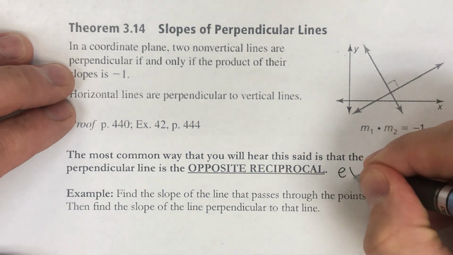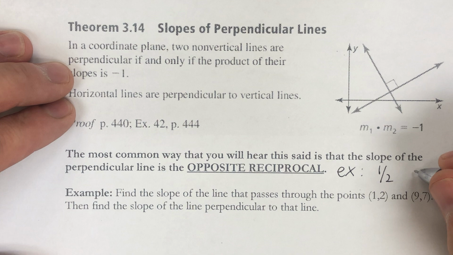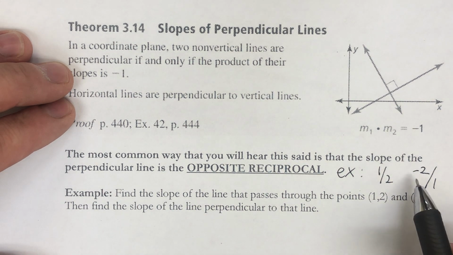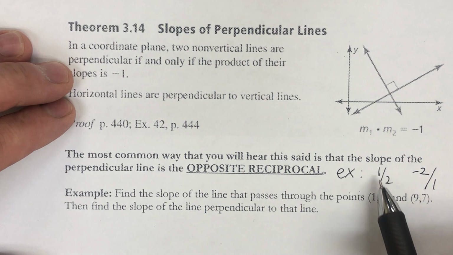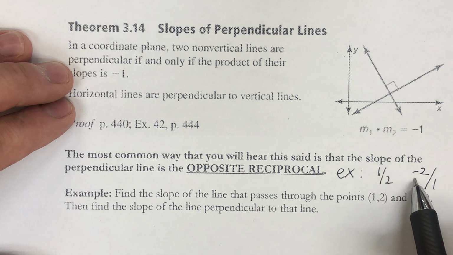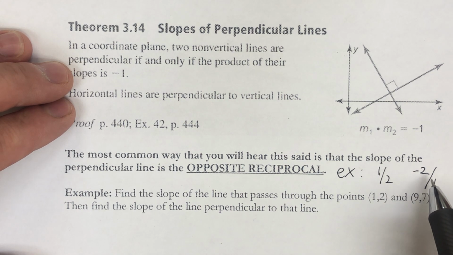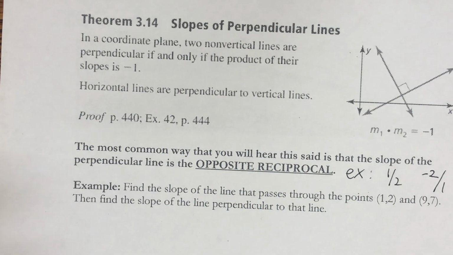An example of opposite reciprocals would be 1/2 and -2 over 1. Keep in mind, -2 over 1 is just -2. These are opposite reciprocals. They have opposite signs, one positive and the other negative, and they are reciprocals. If I multiply these two numbers together, I end up with -1. Horizontal lines are also perpendicular to vertical lines, okay?